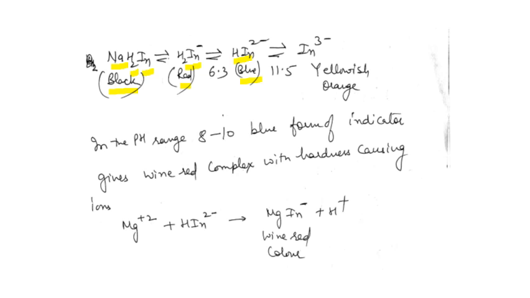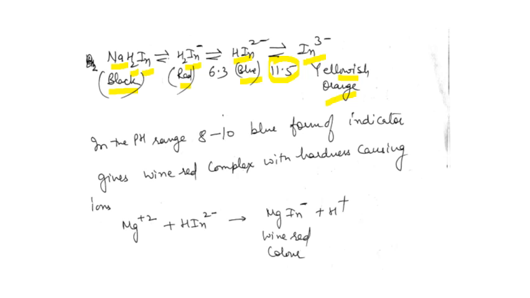Then one more proton is removed. Finally, we have the 3 negative charge and the color of this species is yellowish orange. So all the ionic species of EBT are pH dependent. You are able to see that in the alkaline range, that is above 11.5, we have yellowish orange.